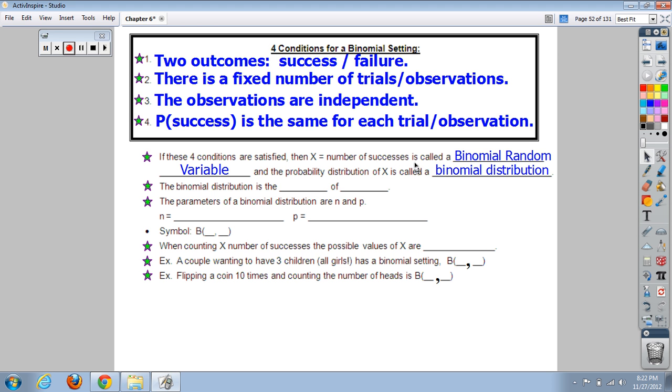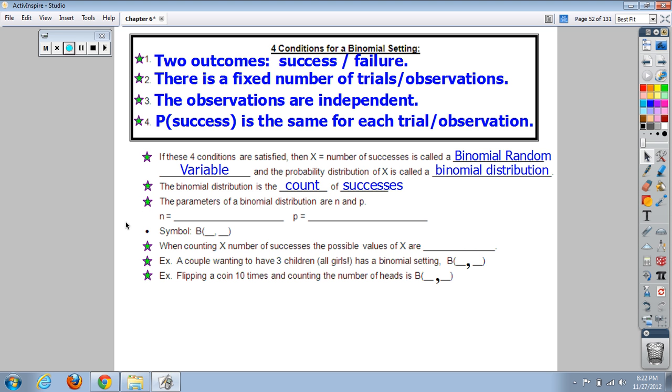So x, our number of successes, is called a binomial random variable. Not just a random variable anymore, but specifically a binomial random variable. And the probability distribution of x, our table, is going to be referred to as a binomial distribution. The binomial distribution is the count of successes. That's what we're going to be focusing on.